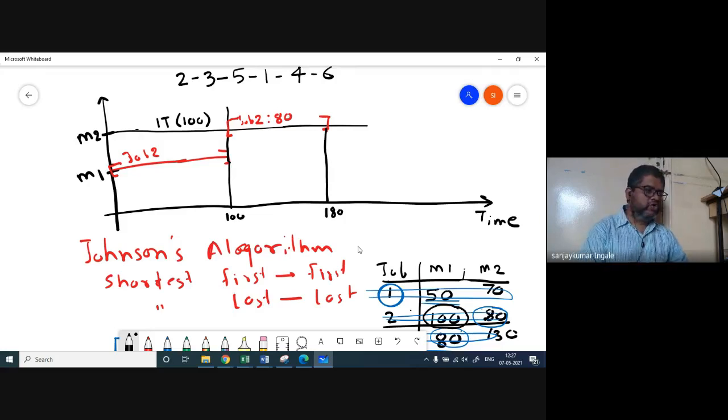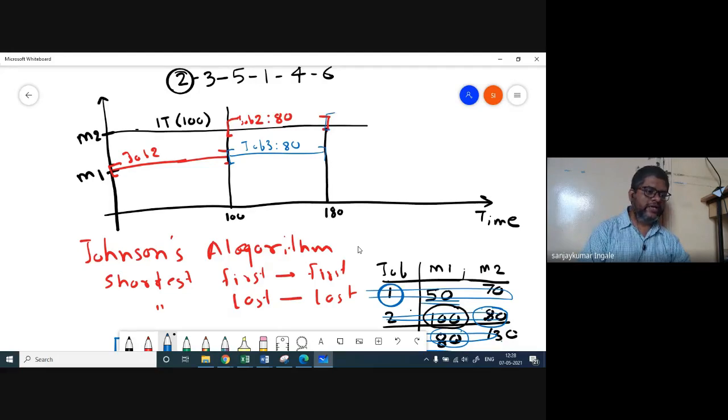Is it clear? Once we process job 2, we have to go to job 3, and you will find job 3 requires 80 minutes on machine 1 and 130 minutes on machine 2.